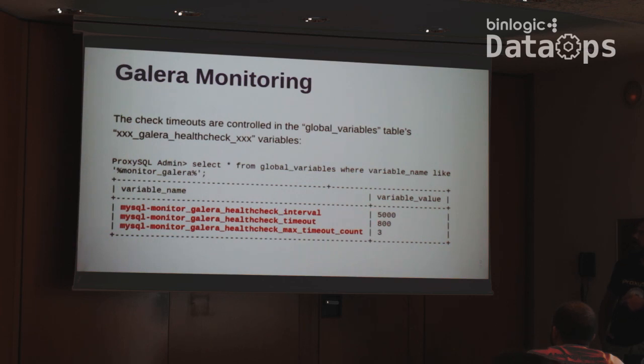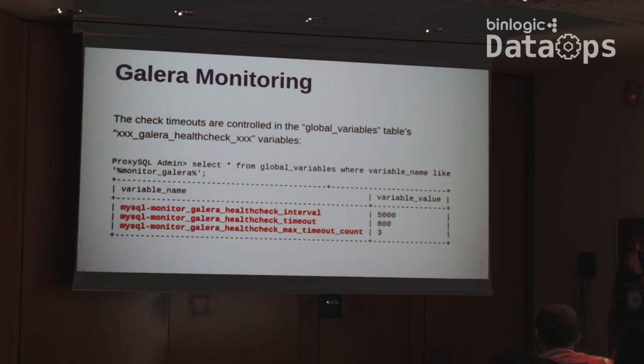So this means that by default, every 5 seconds, every server is checked to verify that it's healthy and to check the state of the server. Every check also has a timeout. In this case, the timeout for those checks is 800 milliseconds. So if a check fails after 800 milliseconds, it means that the server is unhealthy.